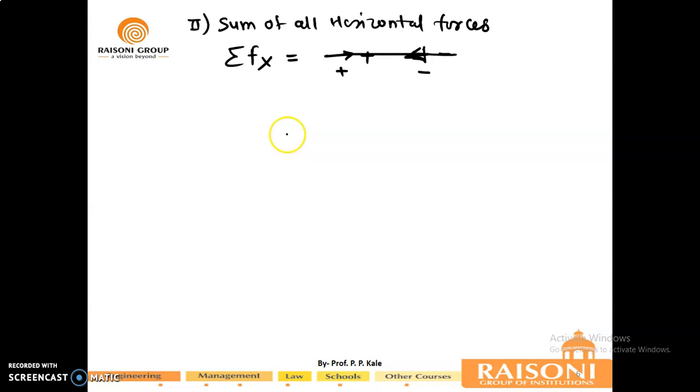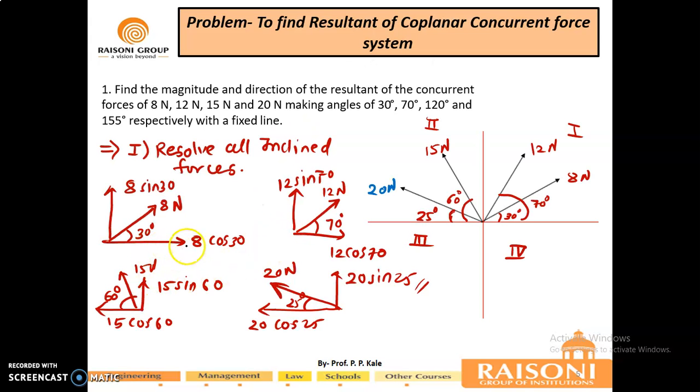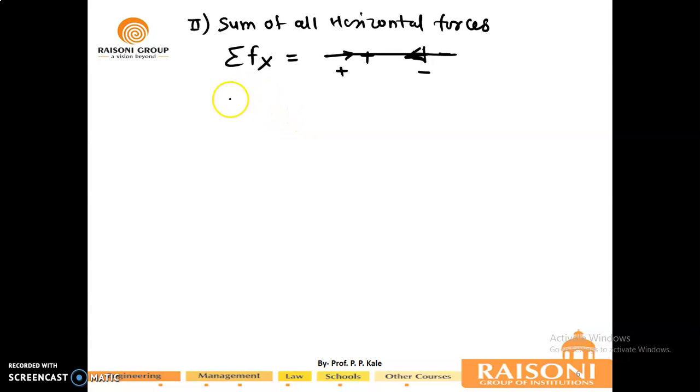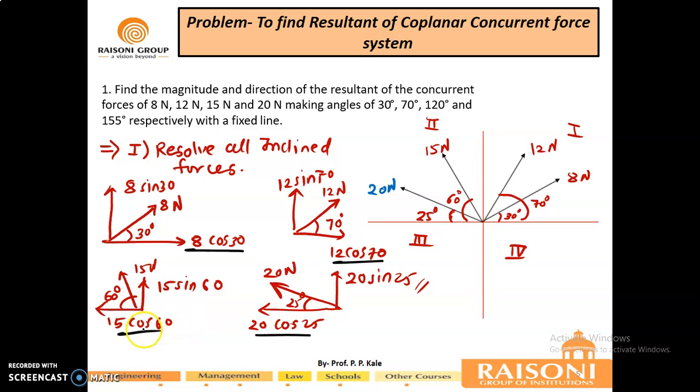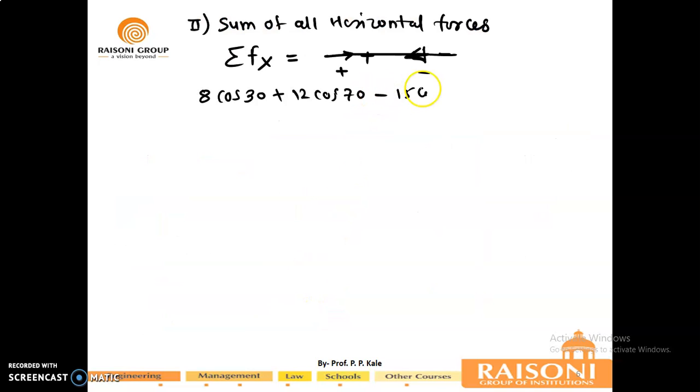So consider the forces from this diagram. This is positive, this is positive, this is negative, this is negative. 8 cos 30 and 12 cos 70 are positive, and 15 cos 60 and 20 cos 25 are negative.